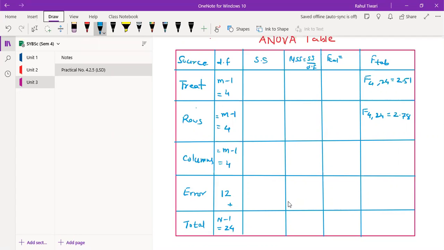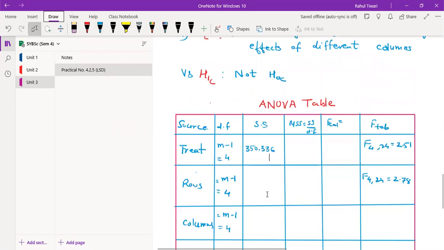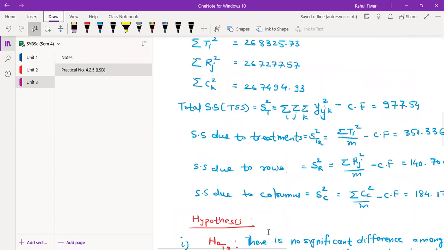Then we have calculated this SS value. So you can write down those SS values here. So this is treatment. How much is treatment? 350.336. Yes, everybody is getting the same answer for treatment and everything? Yes, sir. Okay.